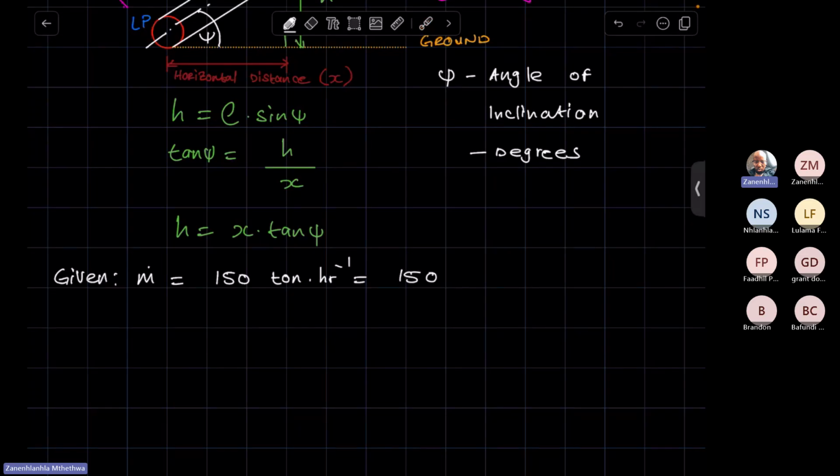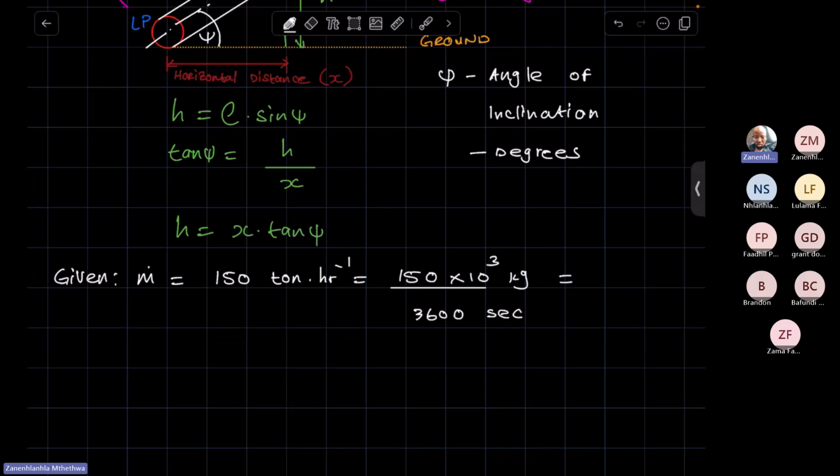So 150 tons, convert that to kilograms, you multiply by 1,000, so times 10 to the 3. This will be in kgs. Remember, they said per hour, and per means divided by. To convert from hour to seconds, you multiply by 3,600. So 150 times 10 to the 3 divided by 3,600, which is 41.667 kilograms per second.